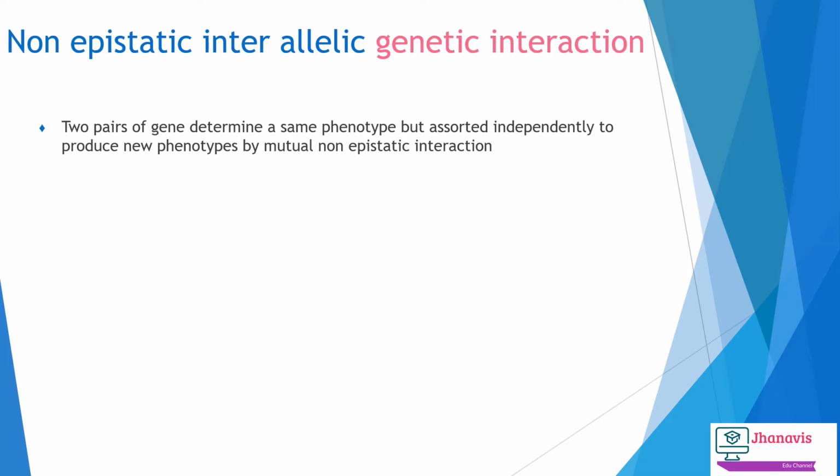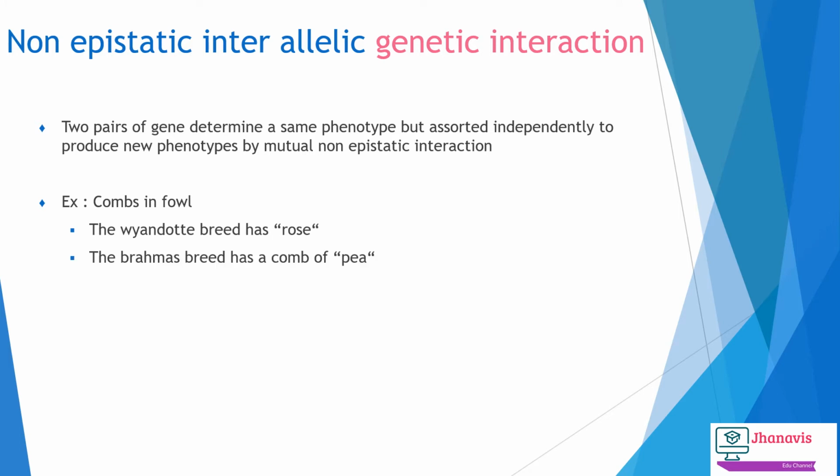Now when we consider this as a non-allelic gene interaction, I am taking an example of the combs in a fowl. We are taking the combs with different patterns. It may be a Wyandotte breed, or a Brahma breed, or a Leghorn breed. But the comb will differ in all three breeds.